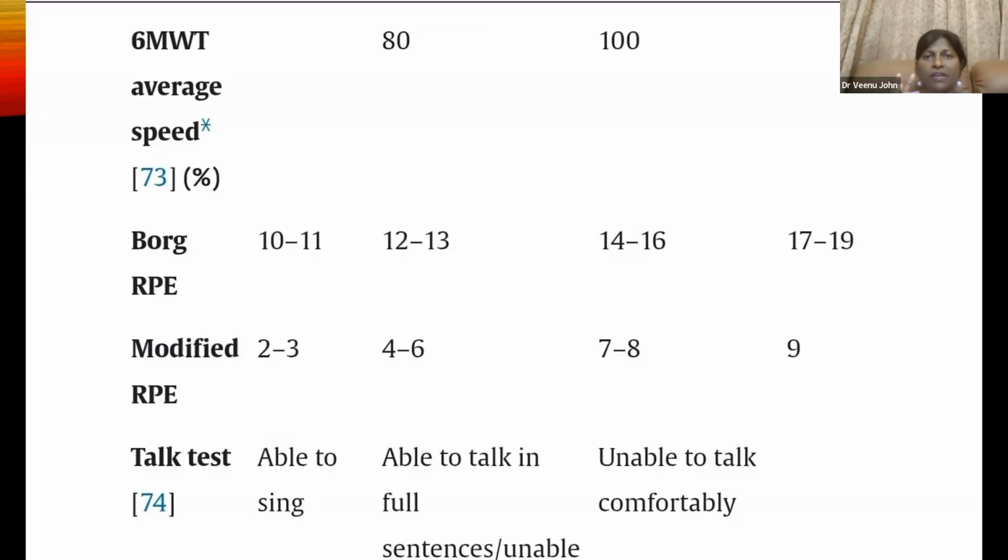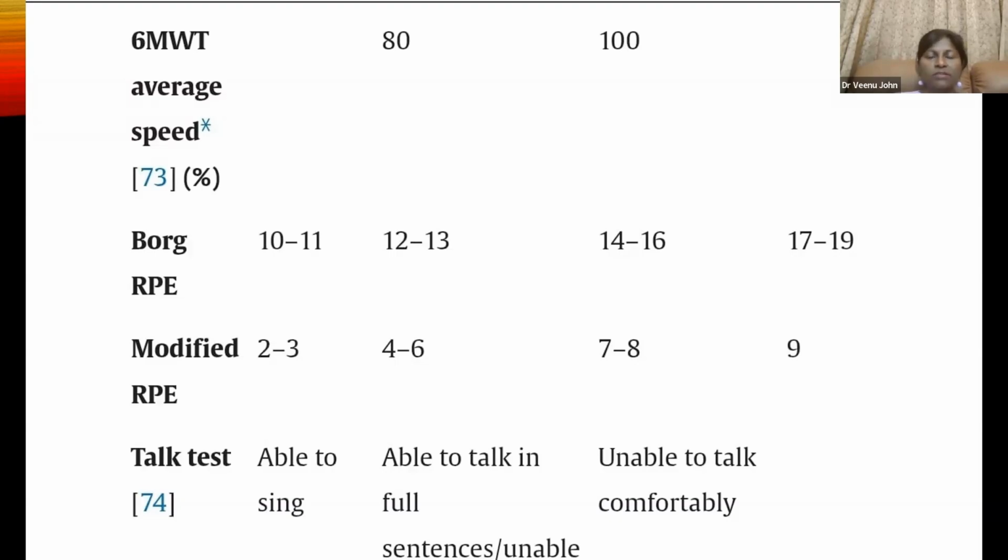And there are nomograms available for a person with certain height and weight. Depending on the nomograms, we can say whether they have achieved 80% of the distance that they should have covered or 100%. So this will only tell us about the mild and moderate intensity level of activity.